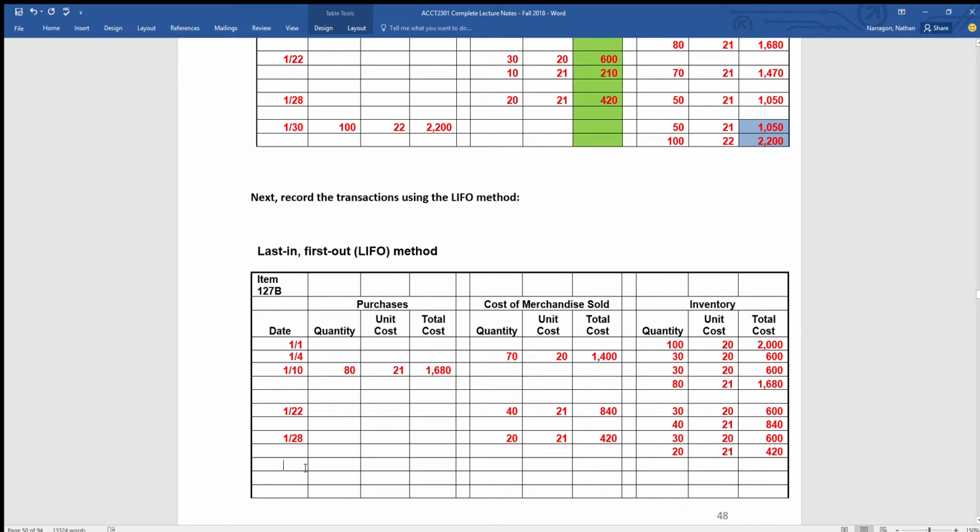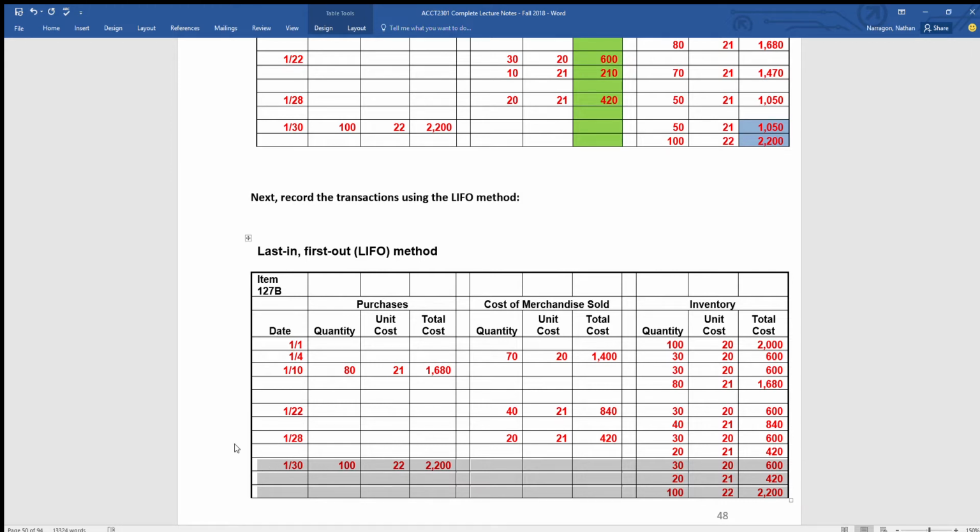But here, since we still have two inventory layers, we make our last transaction on January 30th, a purchase of an additional 100 units. So insert another column above.